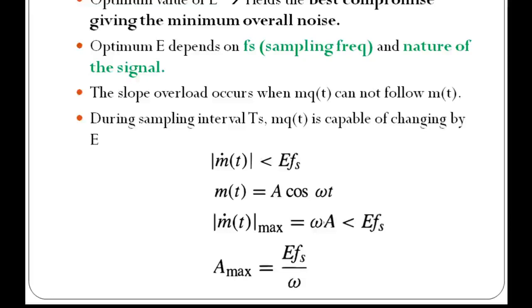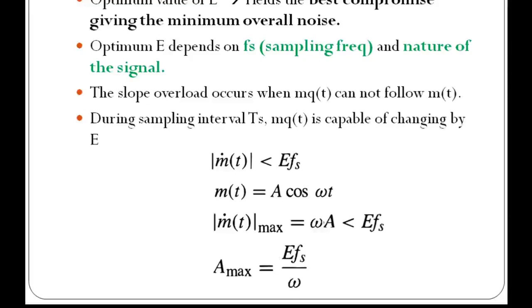Now when we take the differentiation, that is m dash t, it will be minus A omega sin omega t, and if we take the magnitude, it will be omega A. So the maximum slope of the signal is omega A, and from the previous condition, this should be less than E into Fs.